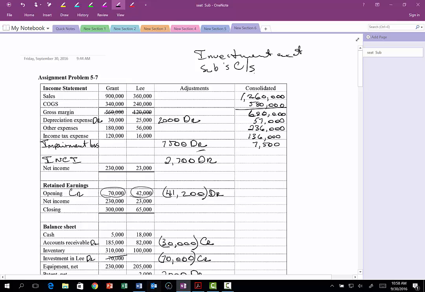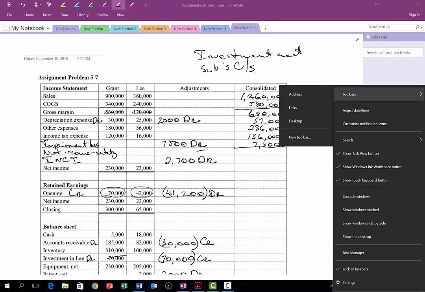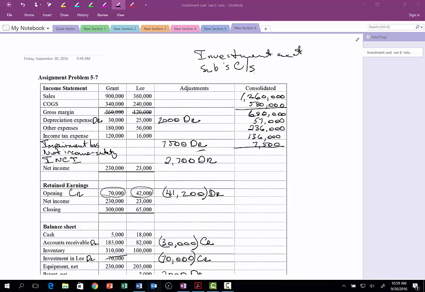So what we want to do next is find our net income for the entity. This is not our consolidated, it's our net income that includes the NCI portion. So before we take out the NCI, if you take the 680 minus the 57 minus the 236 minus the 136 and the 7,500, you should then get net income for the entity of $243,500.